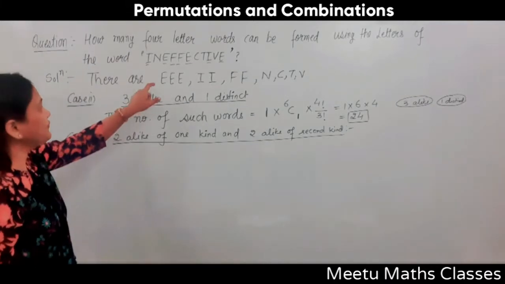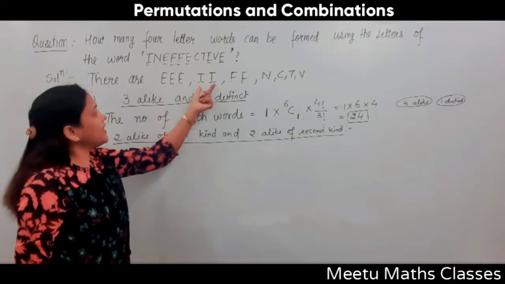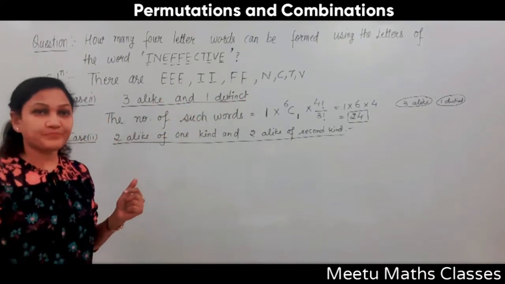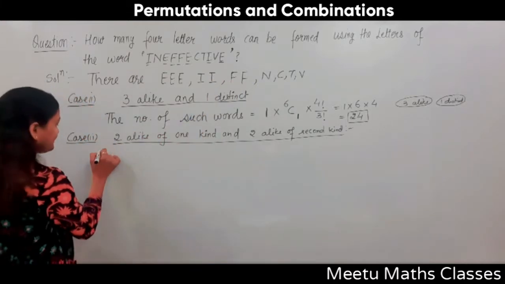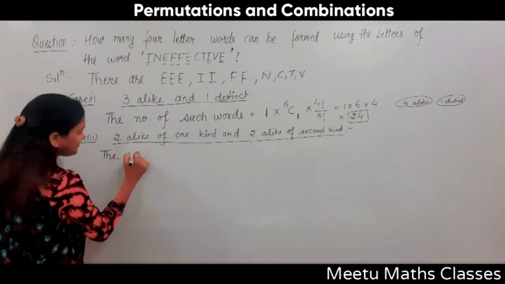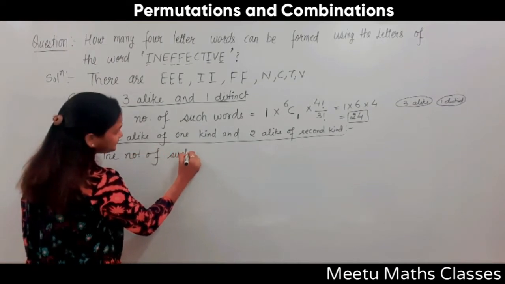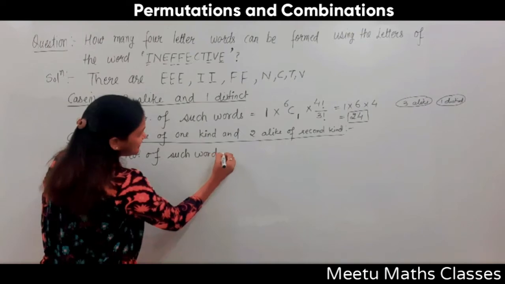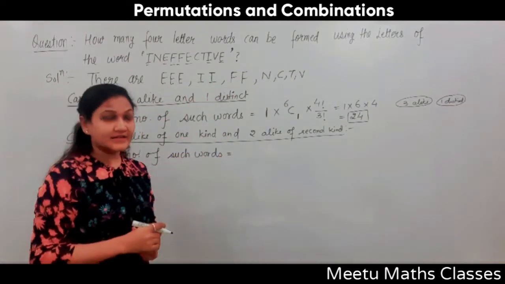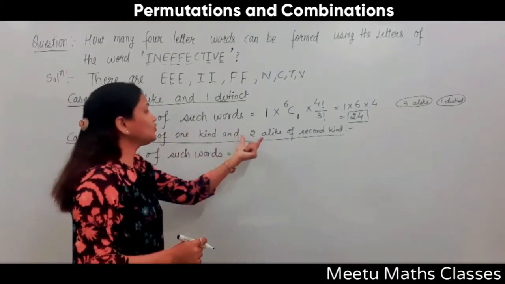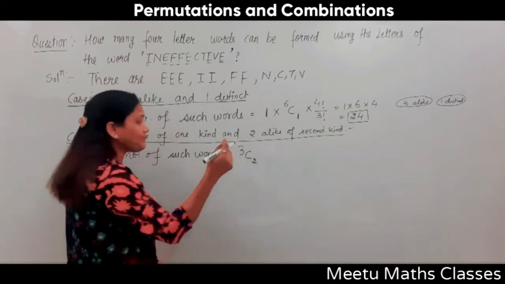Now we have 3 pairs of alike letters, and the number of such words will be: out of these 3 pairs of alike letters we are going to choose 2 pairs. So out of 3 we are going to choose 2 pairs.